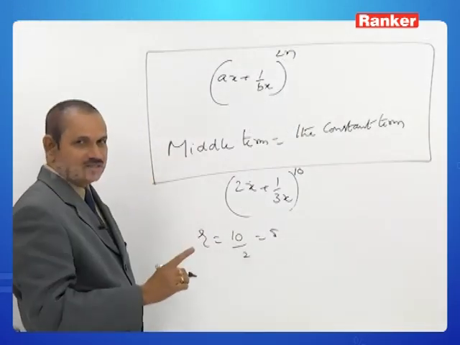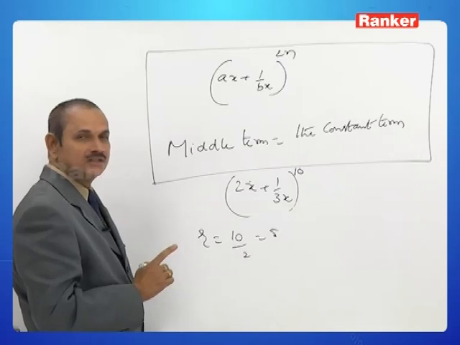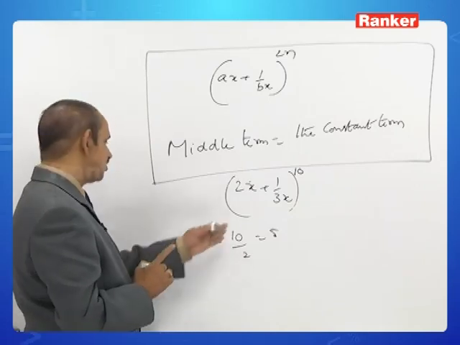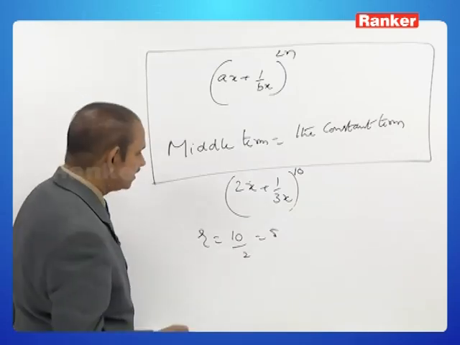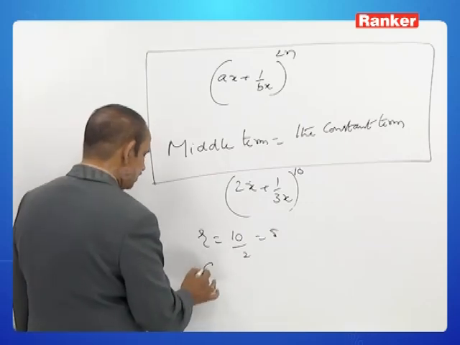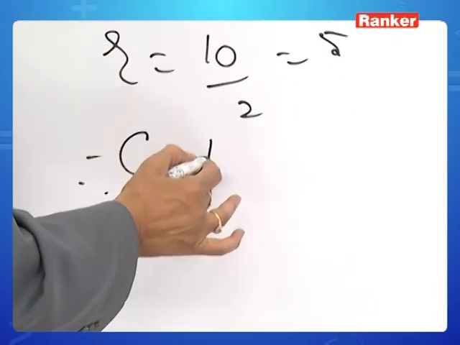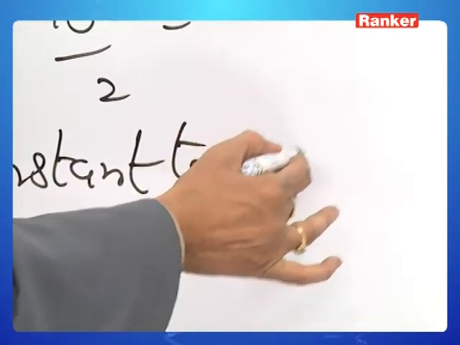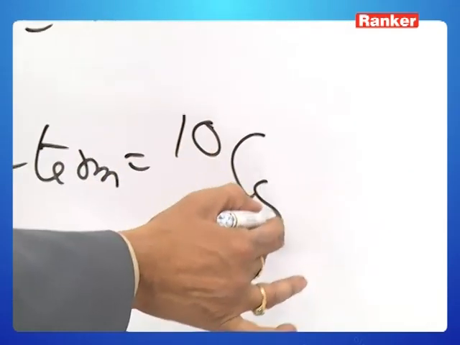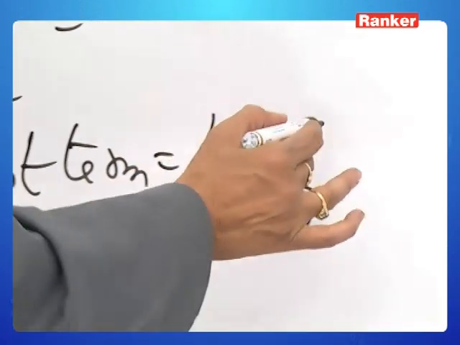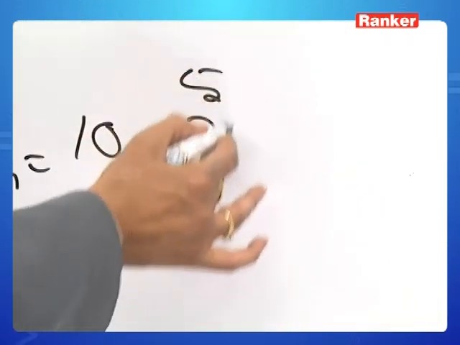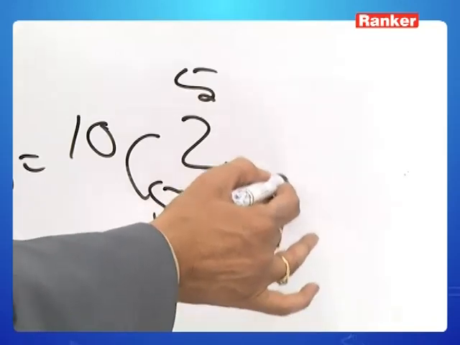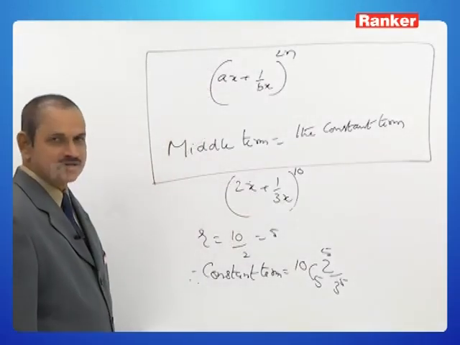So that term which starts with nCr with r as 5 is the constant term. Therefore, the constant term is equal to 10C5 2 power 10 minus 5 by 3 power 5. That is the constant term.